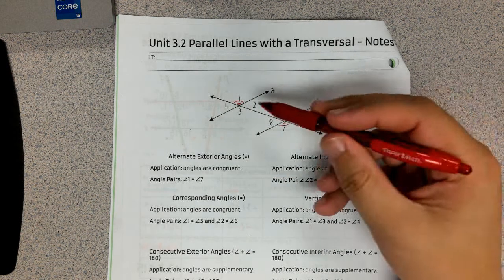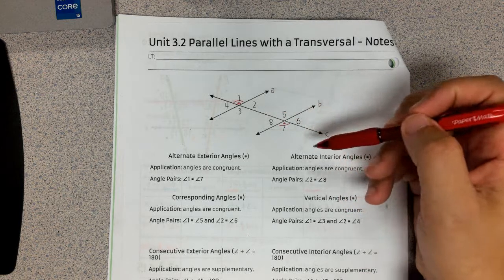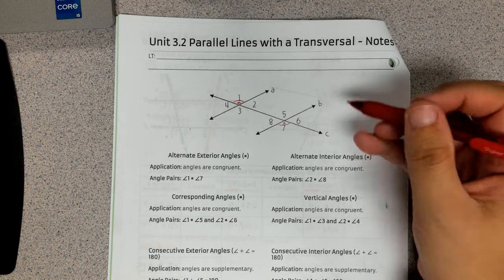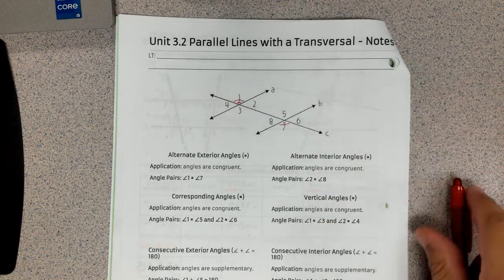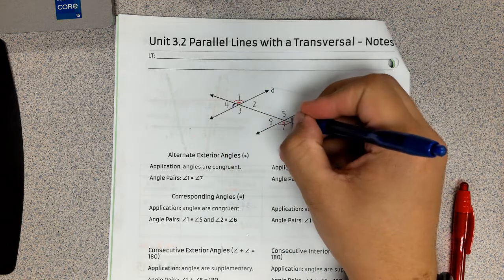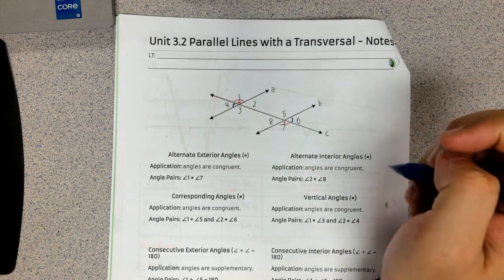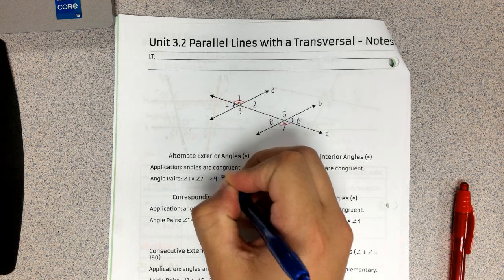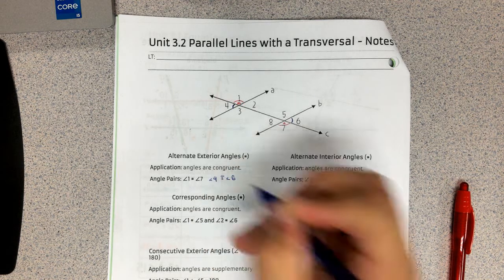Okay? So angle 1 and angle 7 are both big, which means they match, so they should be the same. So our other alternate exterior angle, if we notice here, angle 4 and angle 6, those are both acute. So we could say angle 4 is congruent to angle 6, like so.